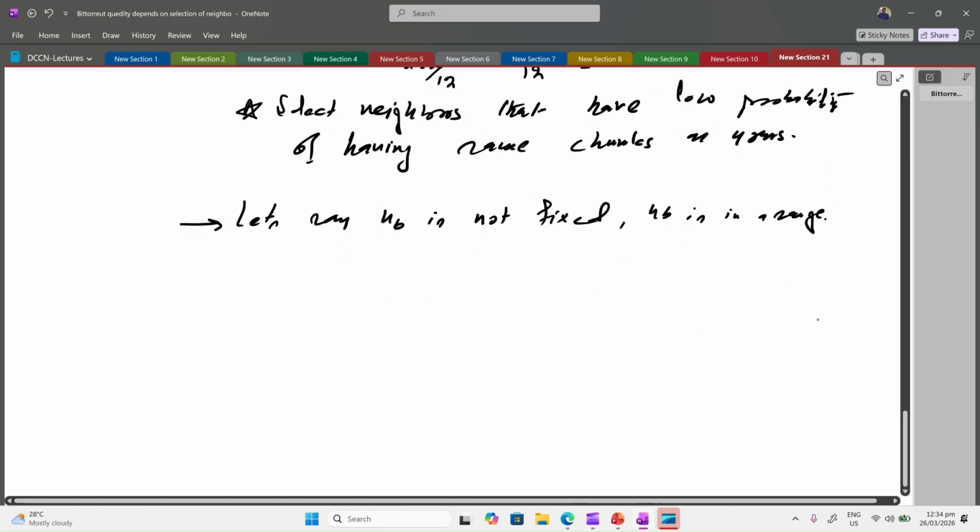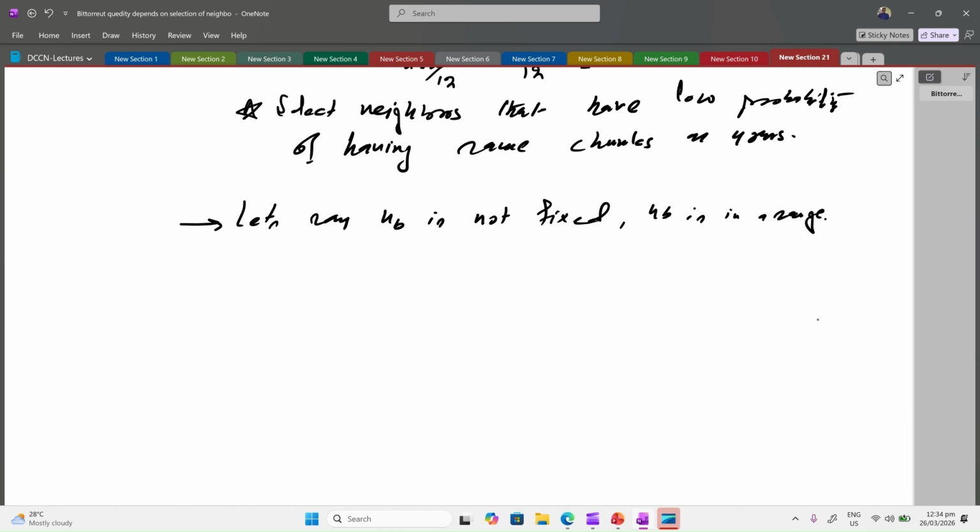So now for the different values of NB, what is the overall probability, right? Look, we calculated the probability in the previous example for one value of NB. NB was 5, right?